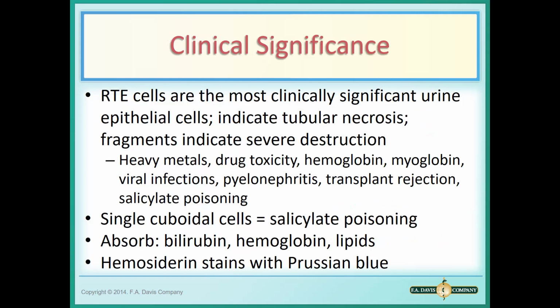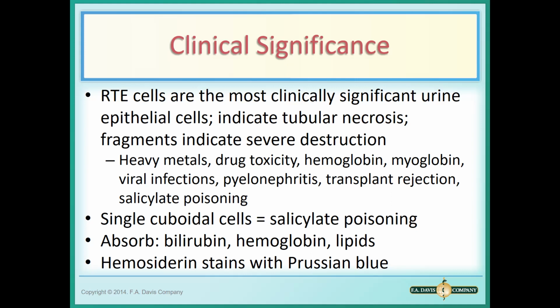Clinically, these are the most significant epithelial cells we see because they really do indicate significant damage or necrosis someplace in the kidney. They indicate some kind of tubular disease because that's where the cells are coming from. Thus the name renal tubular epithelial cell. So it's indicating some disease within the tubules, and then depending on where the cell comes from, the proximal, distal, or collecting duct, you see the different shapes of cells.